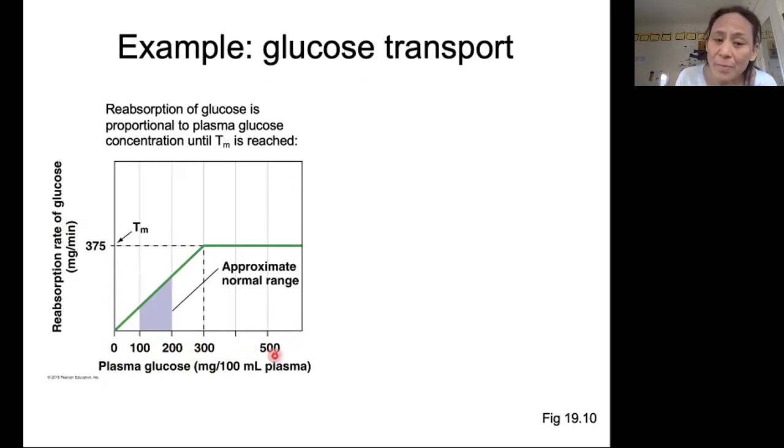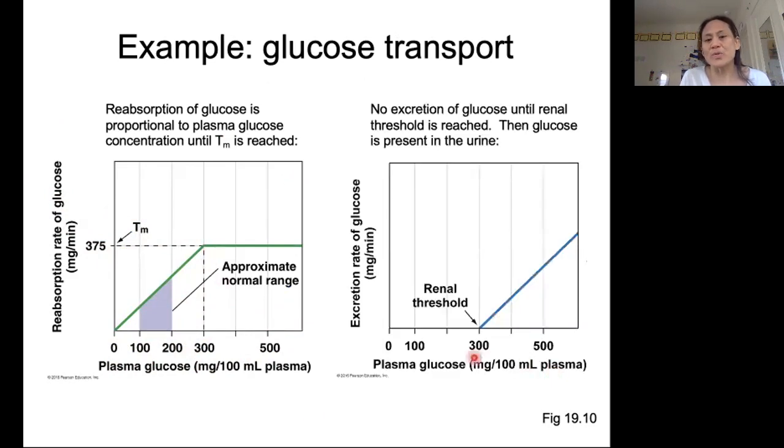As we increase our plasma glucose concentration, we increase the rate at which we reabsorb glucose until we reach our renal threshold, okay? Once we reach our renal threshold, then we reach our transport maximum, and any extra glucose, right? So once we get to higher glucose concentrations, that extra glucose is going to get excreted in our urine, okay?